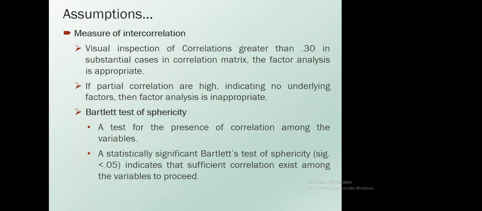The null hypothesis for this test is that the correlation matrix is an identity matrix, and this null hypothesis should be rejected. Only then you should go ahead with factor analysis. It means the p-value or the Sig should be less than 0.05. I hope I'm clear to all of you.